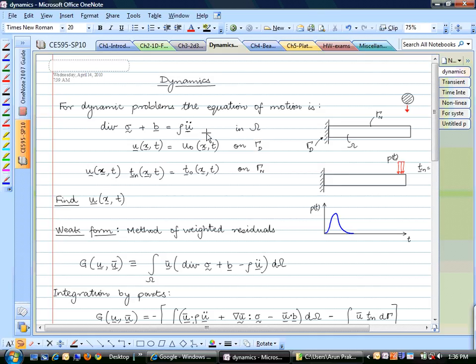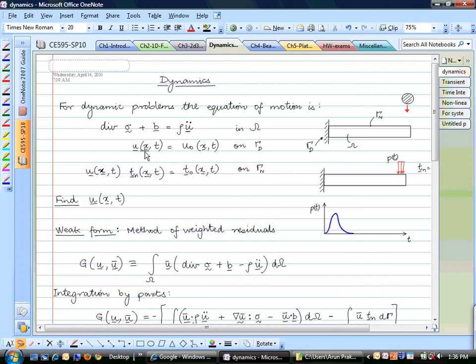So that's just Newton's second law. Sum of forces, if it is not equal to 0, is equal to mass times acceleration. This governing equation for dynamics holds for three-dimensional and two-dimensional objects. And this holds point-wise, which means that at any point anywhere in the domain, this equation must hold.